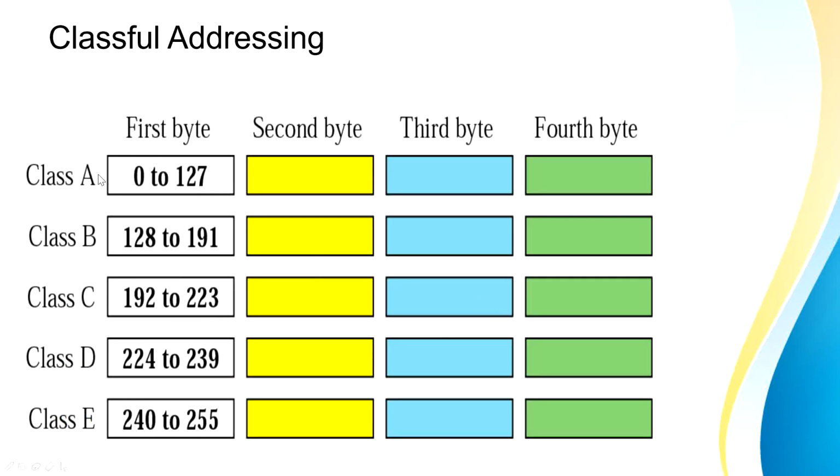So how do you identify which address belongs to which class? For that we have these values given to us.